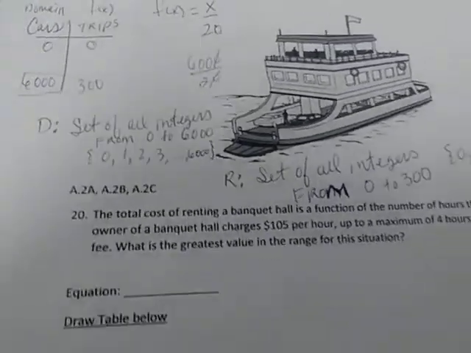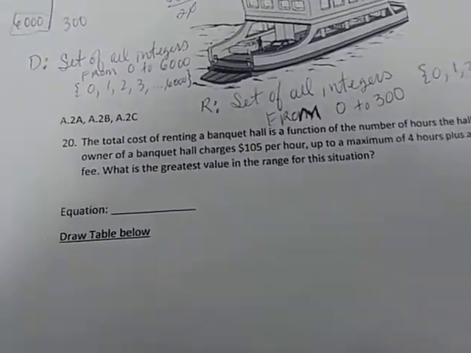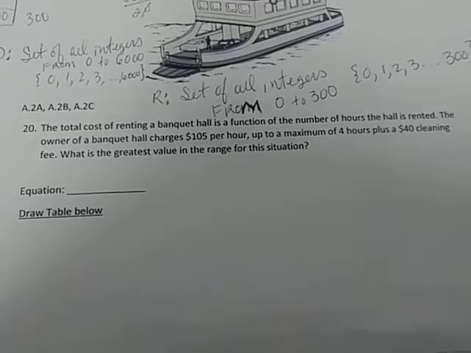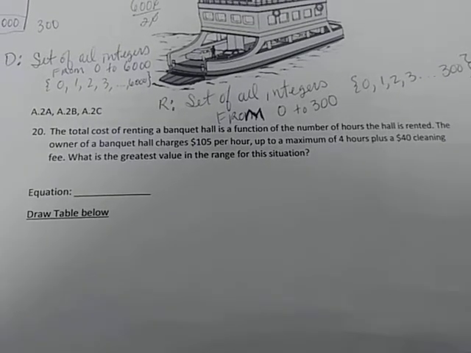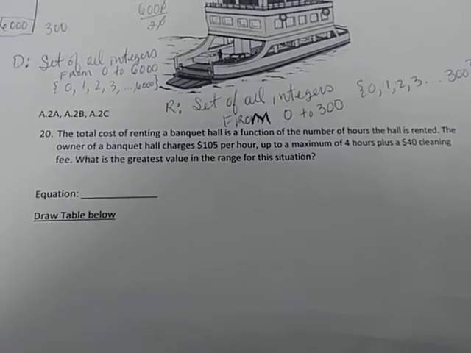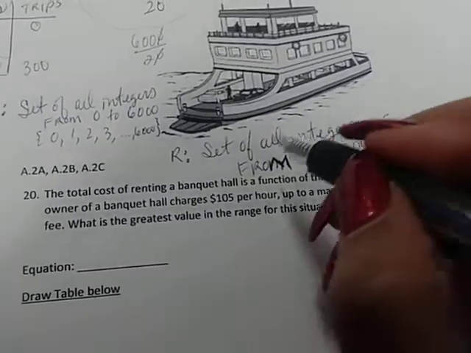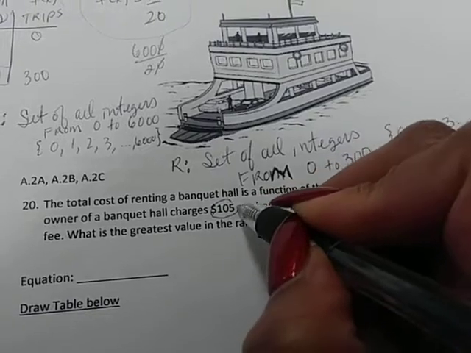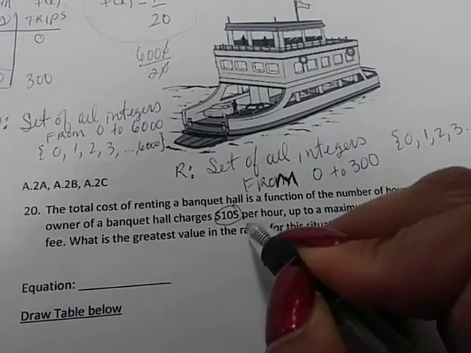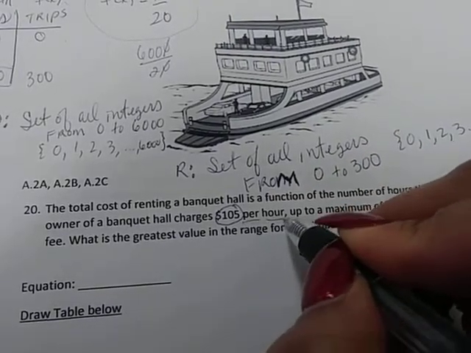Okay. Number 20. The total cost of renting a banquet hall is a function of the number of hours the hall is rented. Beautiful. Now, I see here, and I know this is exactly what you're going to do, 105 per hour.